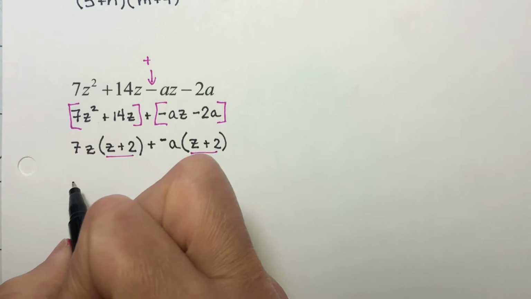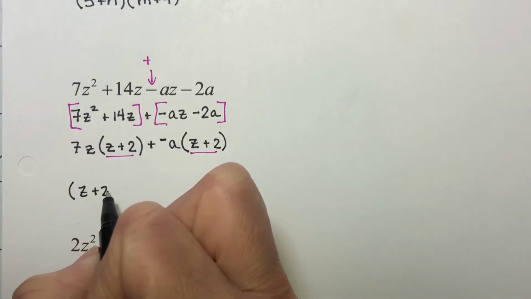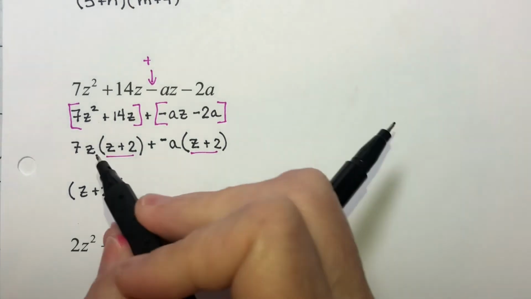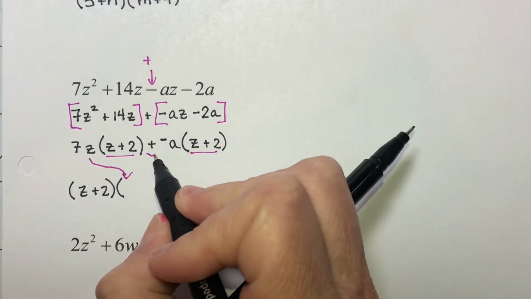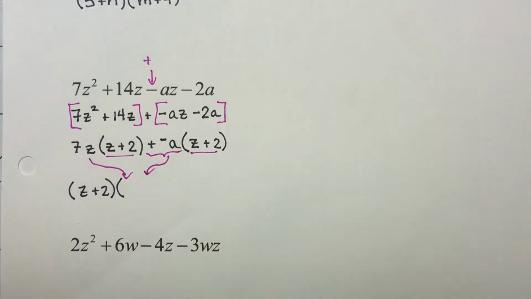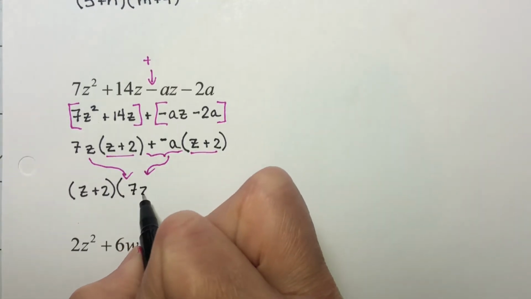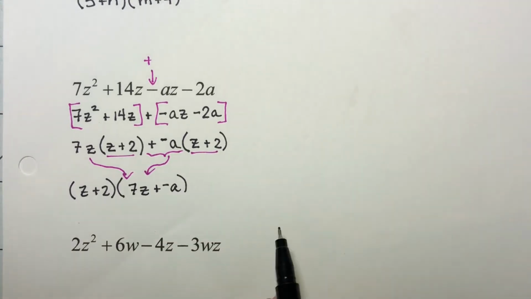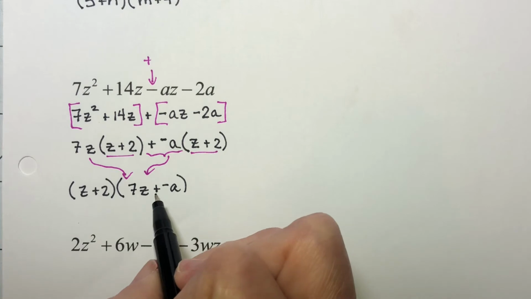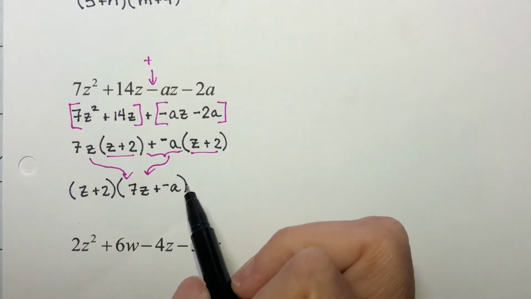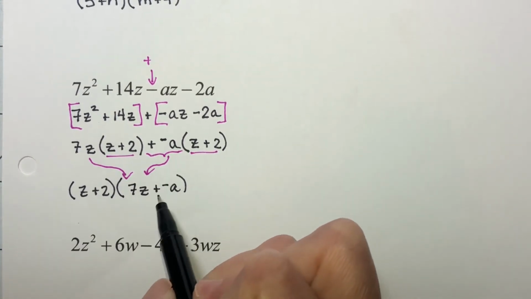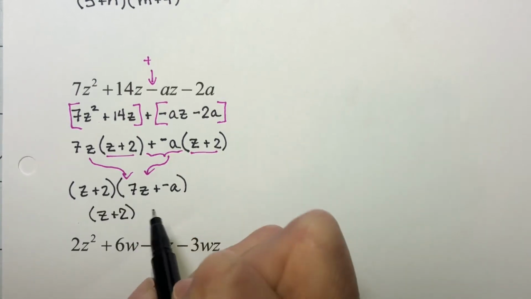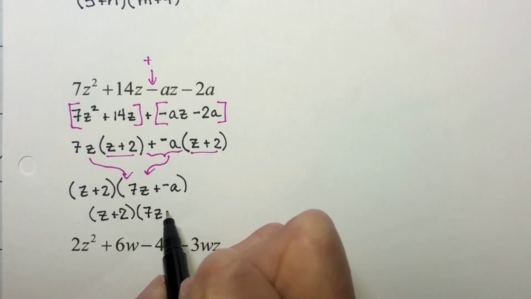So I write it down once, Z plus 2, and then open a new set of parentheses and collapse these into this next set of parentheses. 7z plus negative a. I would accept this on a written exam, but we know that mathematicians are lazy, so if we could write this using only one symbol, we would. So your better answer is z plus 2 times 7z minus a.